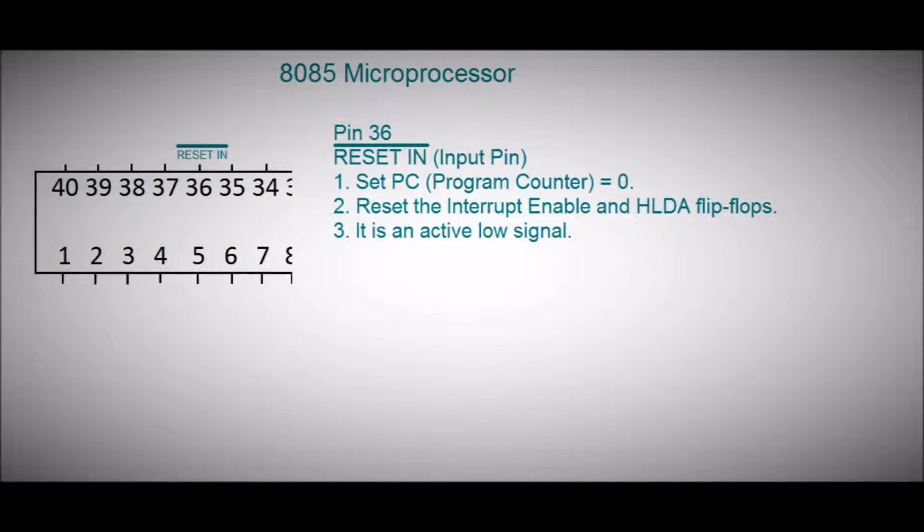Pin 36. RESET IN, input pin. 1. Set PC, program counter, equals 0. 2. Reset the interrupt enable and HLDA, hold acknowledge, flip-flops. 3. It is an active low signal.